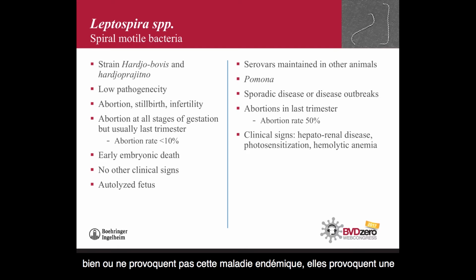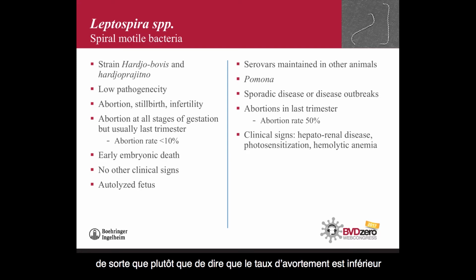When it infects cattle, it's a sporadic disease. It does not commonly occur, but it's associated with abortion storms. So rather than seeing a less than 10% rate of abortion, we're going to see a greater than 50% abortion rate in this specific cattle herd if we see Leptospira Pomona causing that infection.